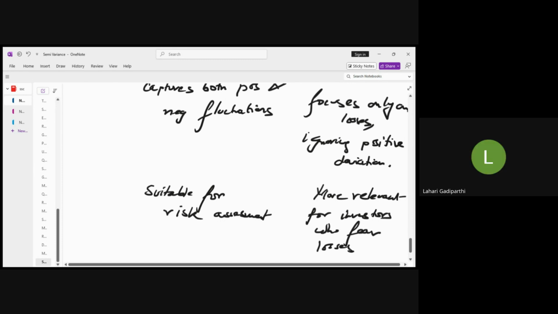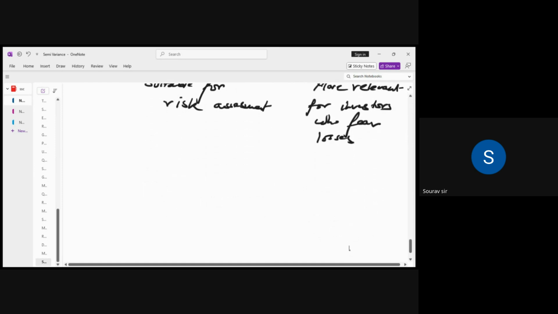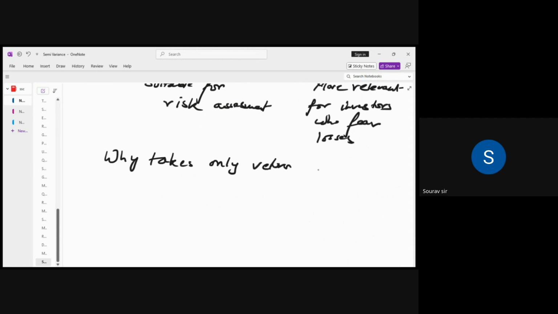Noted? So now, why you might say that every time I told you that it takes only values below the mean? The question might arise in my mind. Why? Because some argue that investors only dislike the possibility of low return.